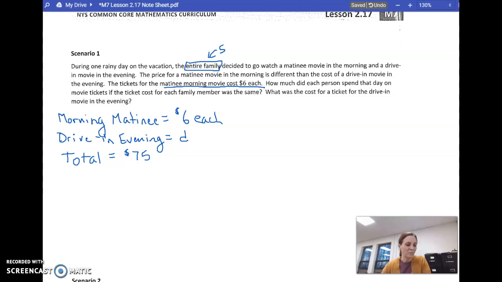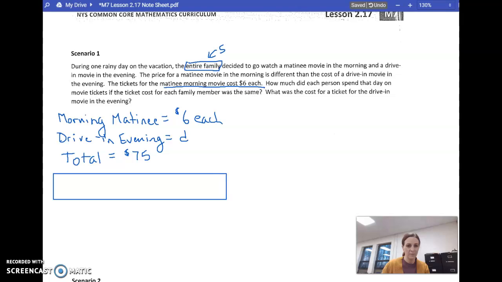All right. So again, let's think of it in terms of a tape diagram. Now, there's 5 people, so I'm going to break this up into 1, 2, 3, 4, 5 boxes. So this is each of the family members. John, Egg, Louie, whoever, okay? So if this is John's here, what did John spend on the movies?